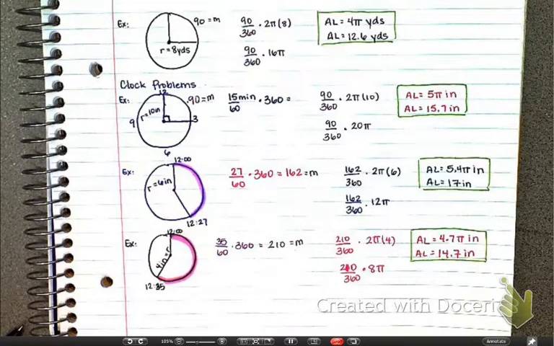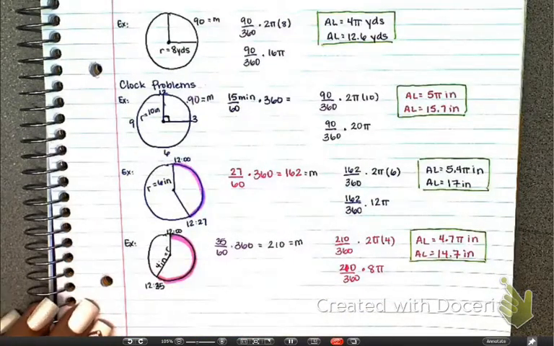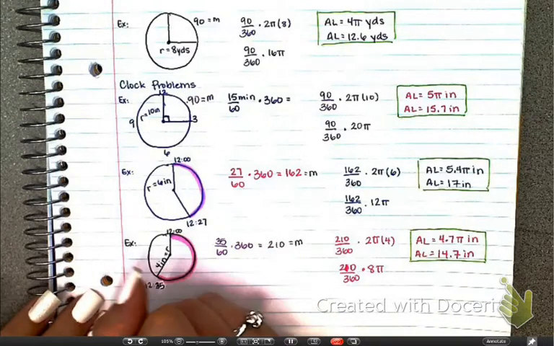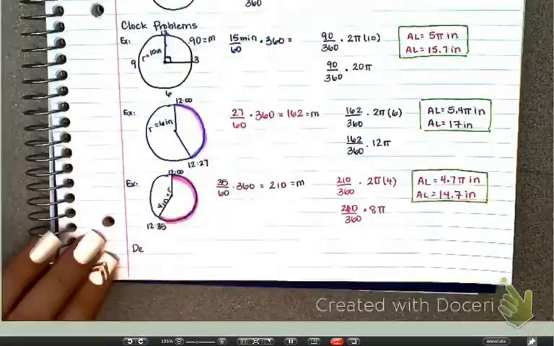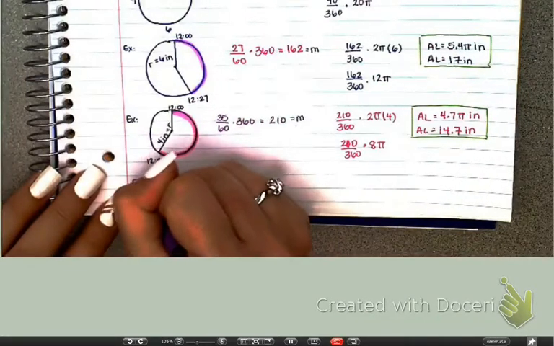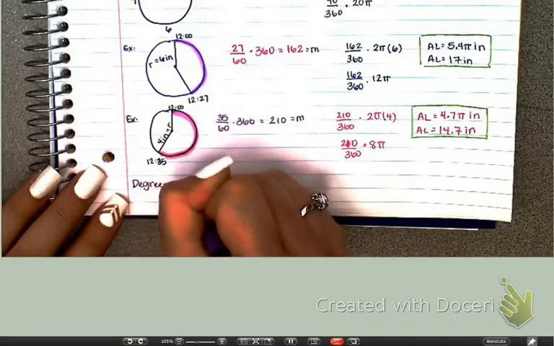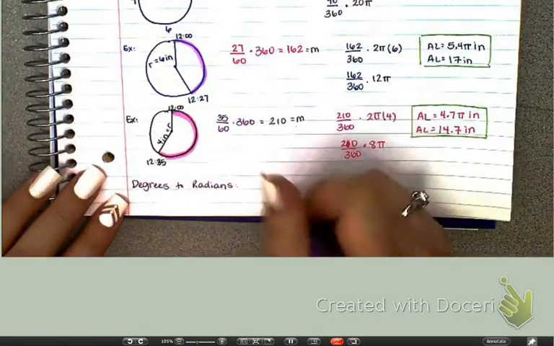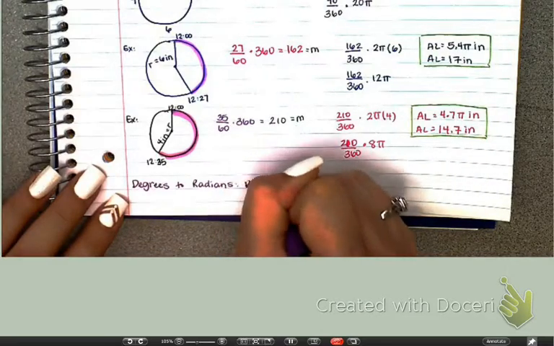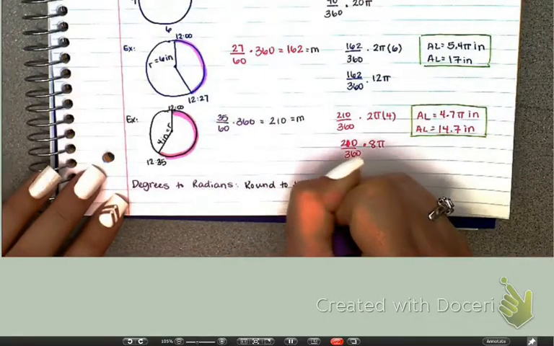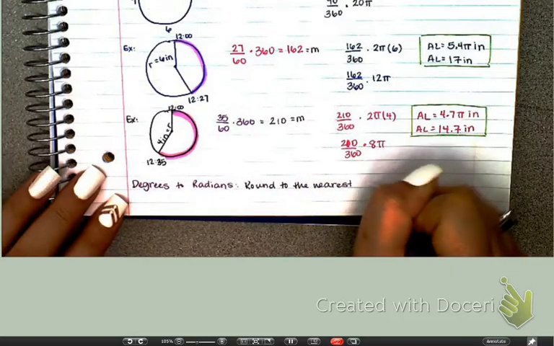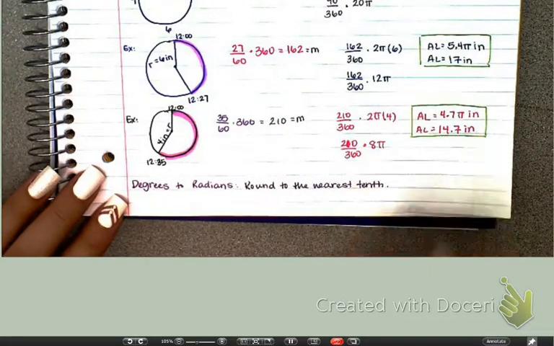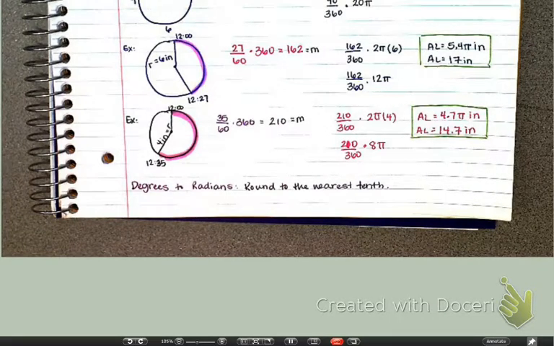Okay, we're going to add one final piece to this. This last one's basic. Just put it on your warm-up page if you don't have room. So we're working in degrees.